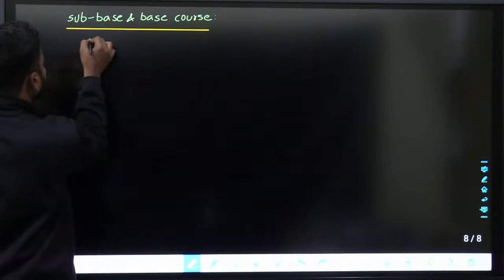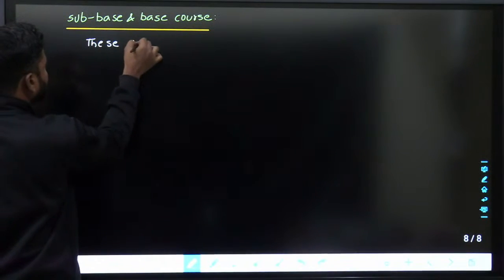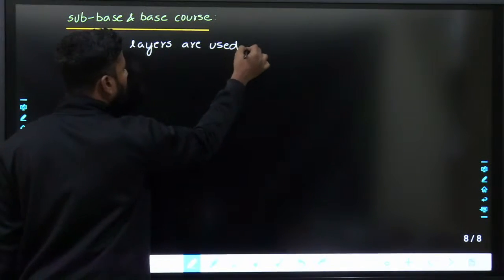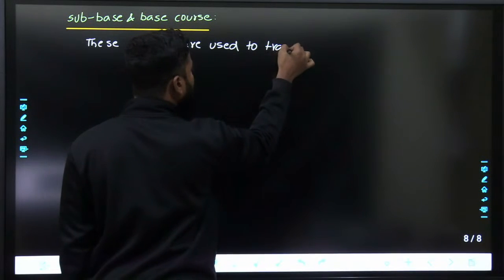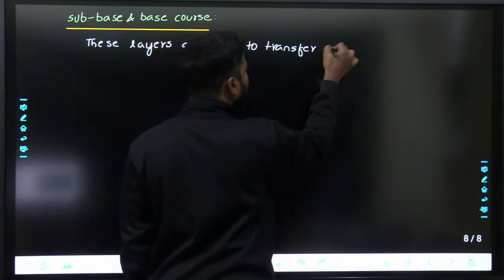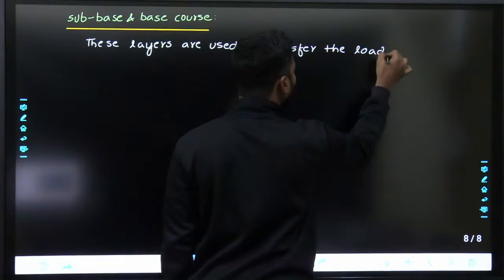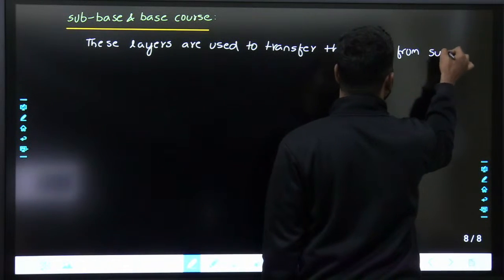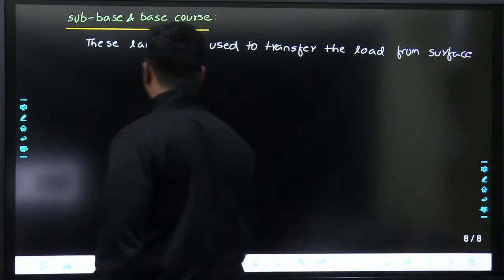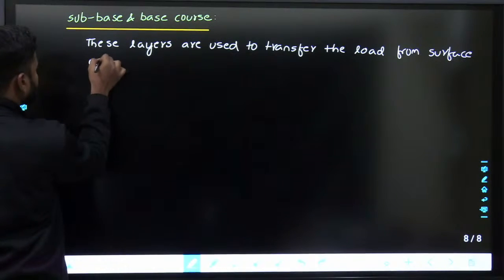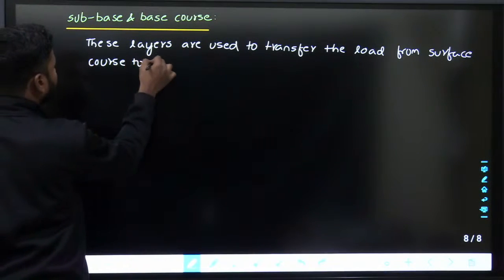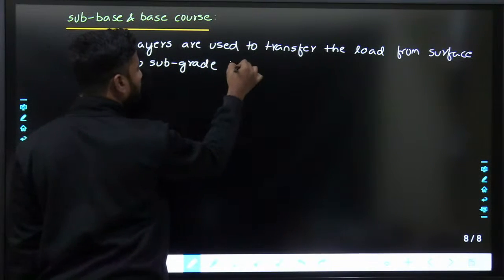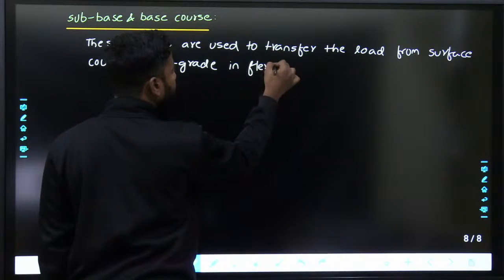These layers are used to transfer the load from surface course to subgrade in flexible pavements.